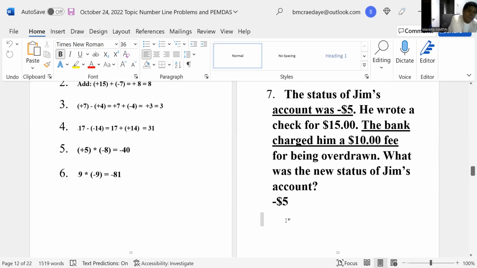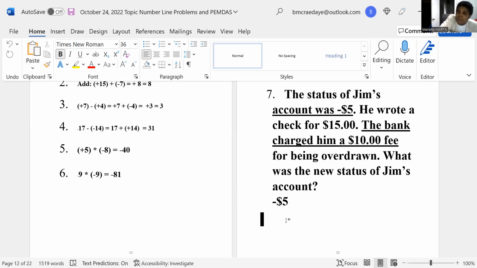And so I have to add it together to get the amount. What do you add? You add the 15 and the 5. Why would you add the 15? He wrote the check for $15. Well, what do you think happened to that check?